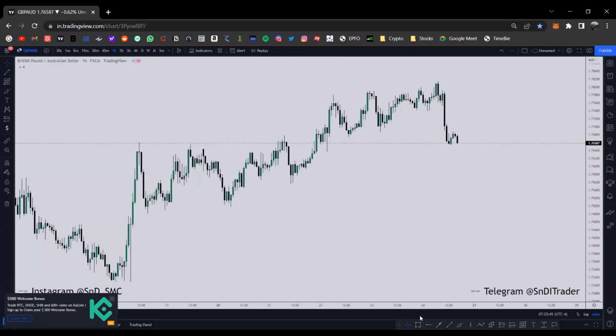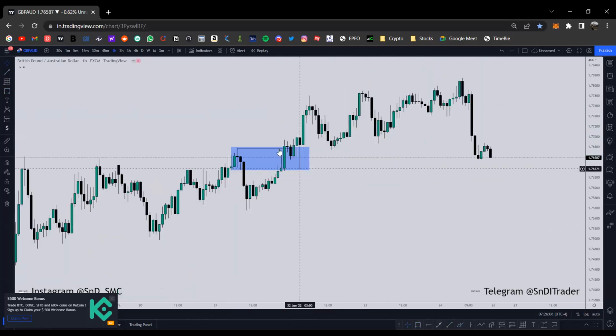So you see we had a higher high, higher low, higher low, and higher high. Price has taken out this liquidity. Okay, so after breaking this high, this just became a nice breaker. So what happened next? Price just came back again inside this breaker block, which is responsible for this down move.